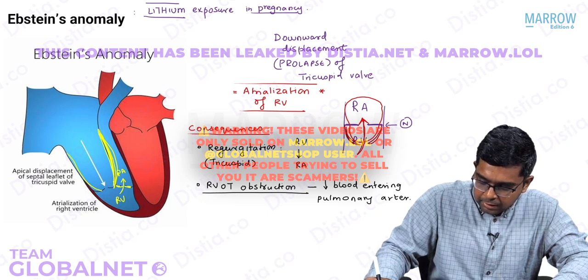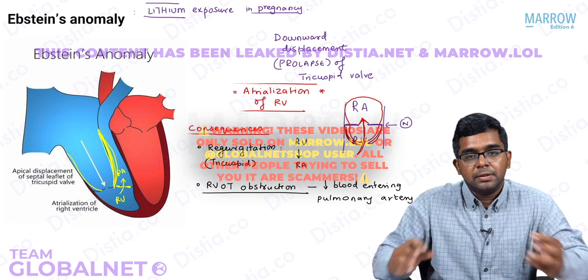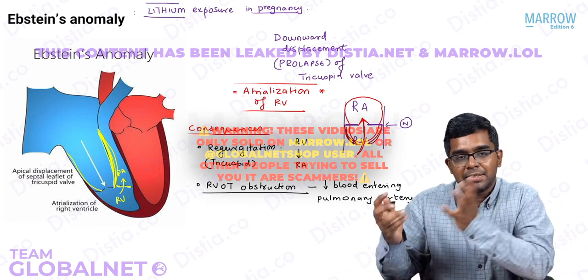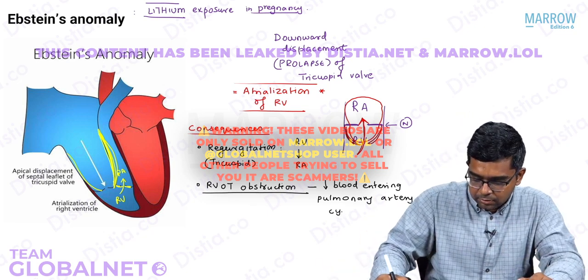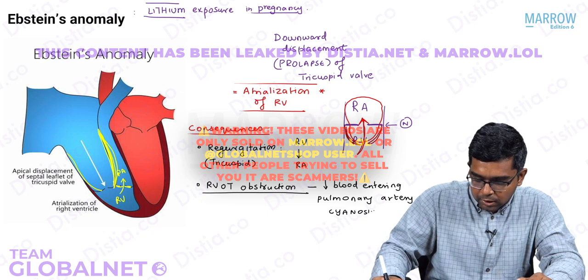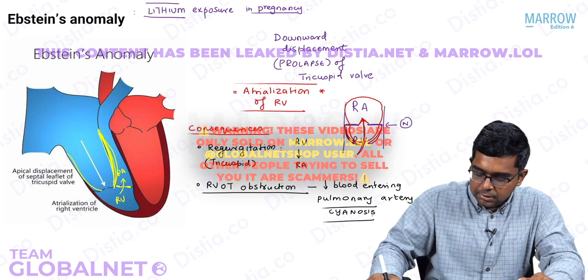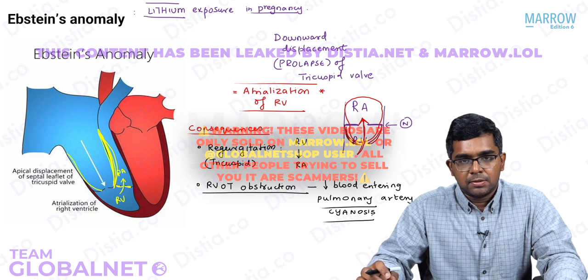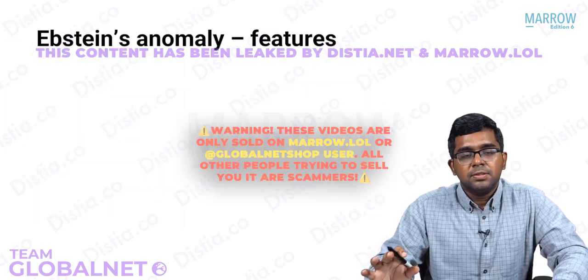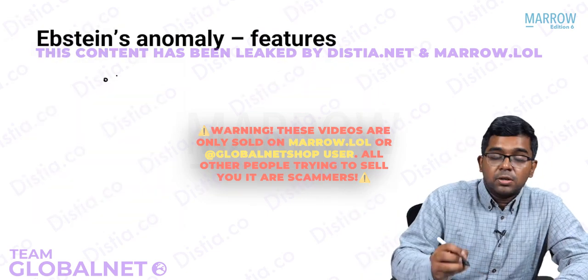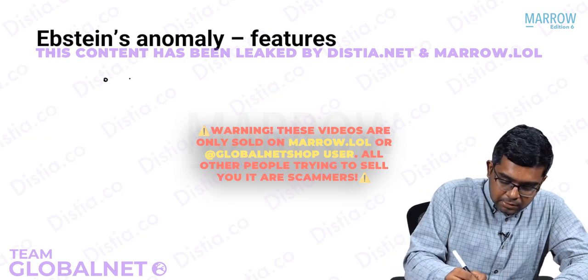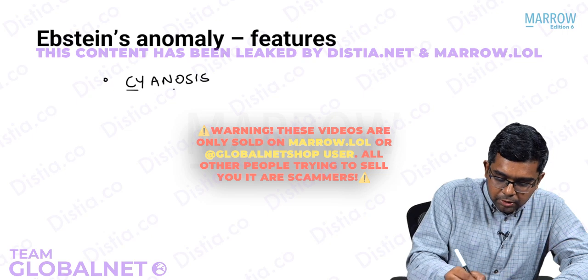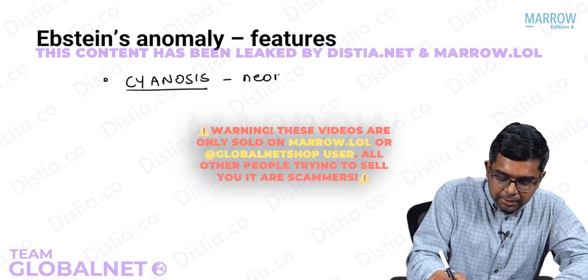Whenever the blood entering the pulmonary artery is decreased, what is the problem? The blood flowing into the lungs also will be decreased, and that would result in cyanosis. This is the reason why patients with Epstein's anomaly develop cyanosis. And please remember, cyanosis in Epstein's anomaly again occurs at the time of birth itself. Cyanosis at birth, or I'm going to write cyanosis in the neonatal period itself.